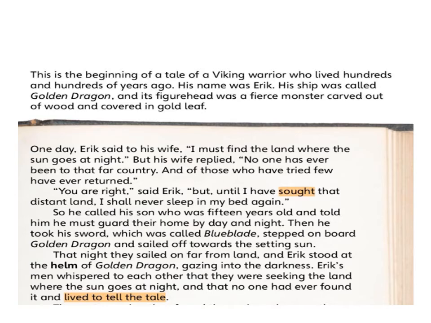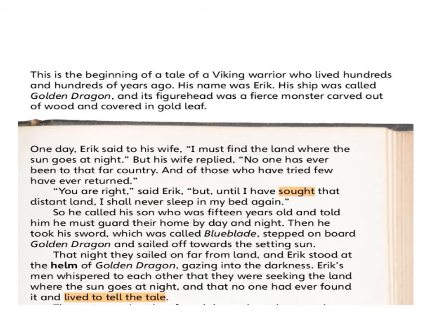That night they sailed on far from land, and Erik stood at the helm of Golden Dragon. What does helm mean? The wheel that steers the ship, the steering wheel.